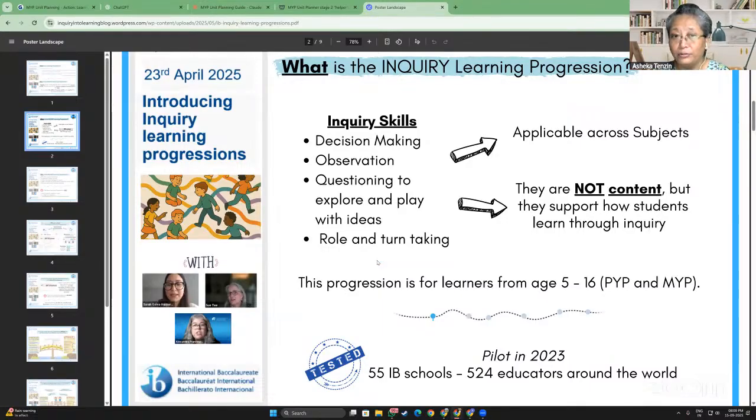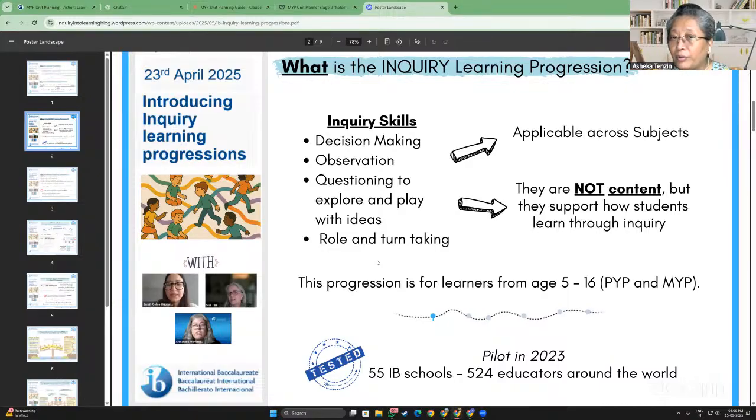So you just said observation, right? You said questioning. Okay. It also involves decision making. And you will take roles and you will take turns while you are doing the inquiry activities in your class. Okay. So these are all the skills that you are looking for in an inquiry based classroom.